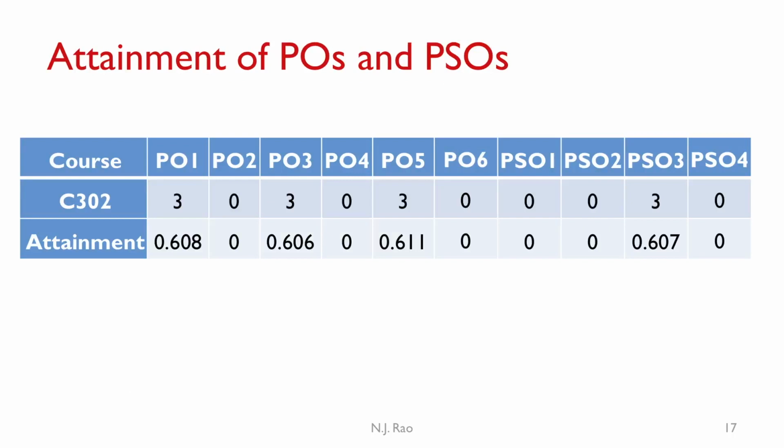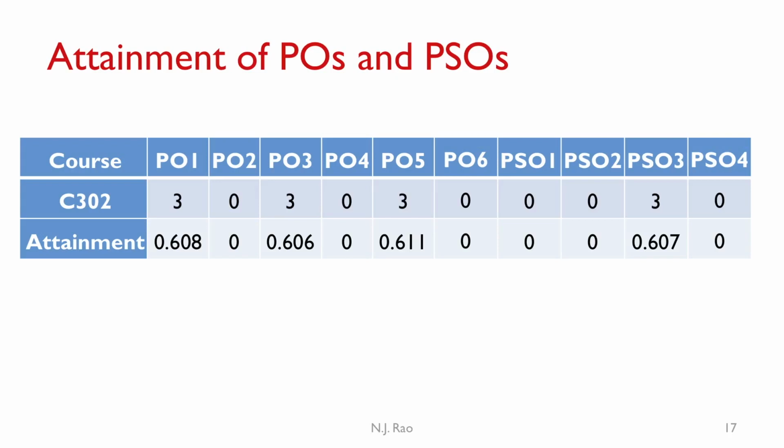Now with respect to this course, which tentatively we label as C302, the strength to which each PO is addressed is given there, and the actual attainment is computed in the bottom row. That is what you have, and this is for one course.